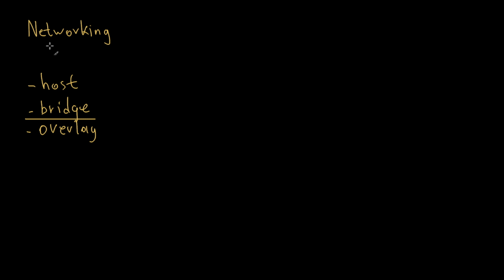There are several options when it comes to networking configuration in Docker, and what you choose from these three options depends on the purpose, on the goal that you follow. There is this option host, which isn't that common in practice, and also overlay network, that's more related to Swarm.